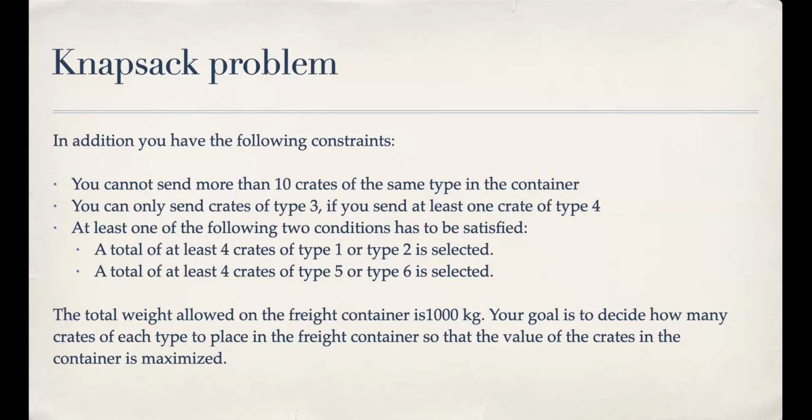And the next constraint is that at least one of the following two conditions has to be satisfied. Either this one or this one. A total of at least 4 crates of type 1 or type 2 is selected, or a total of at least 4 crates of type 4, 5, or 6 is selected.